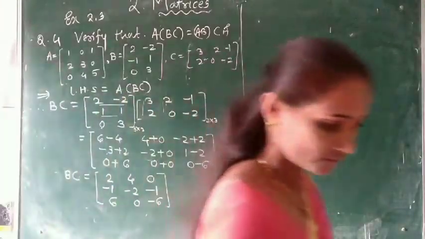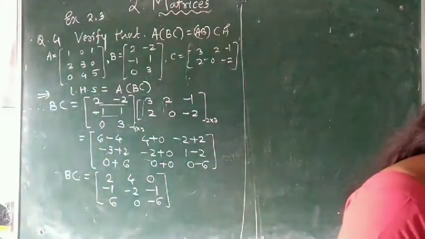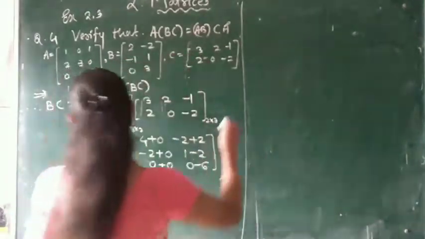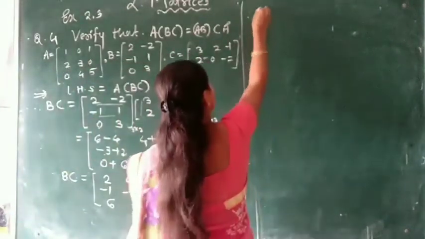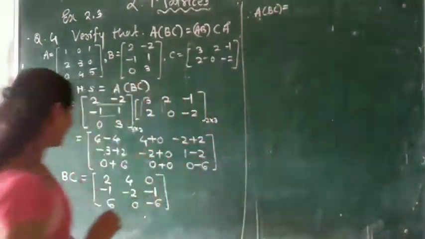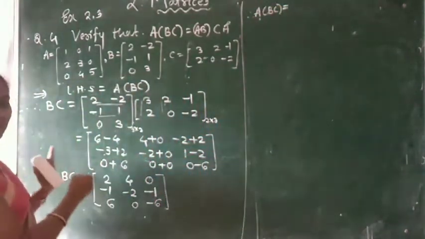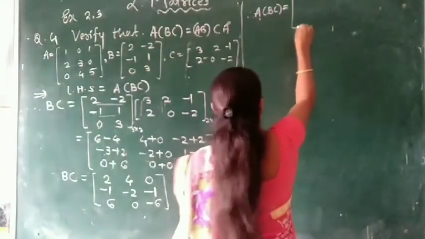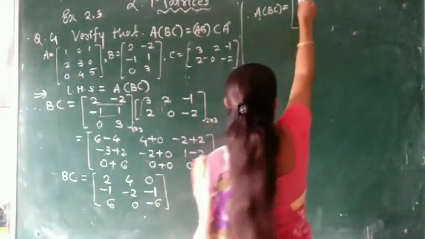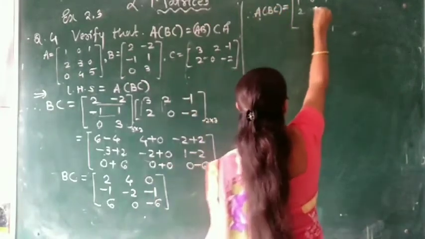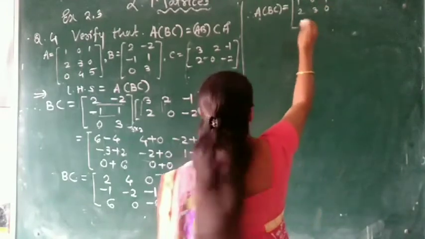Therefore we have to find A into BC. Write here A into BC. Multiply the matrix BC by A from the left side. So first write A. What is matrix A? 1 0 1, 2 3 0, 0 4 5.